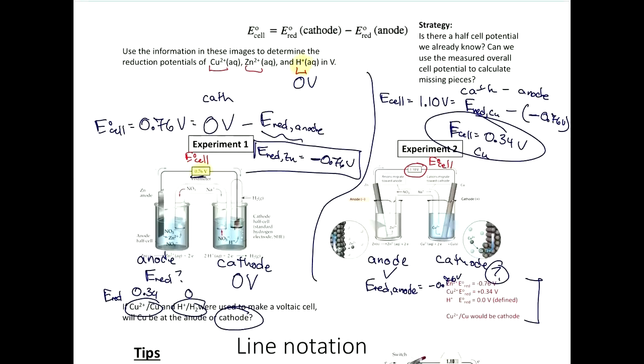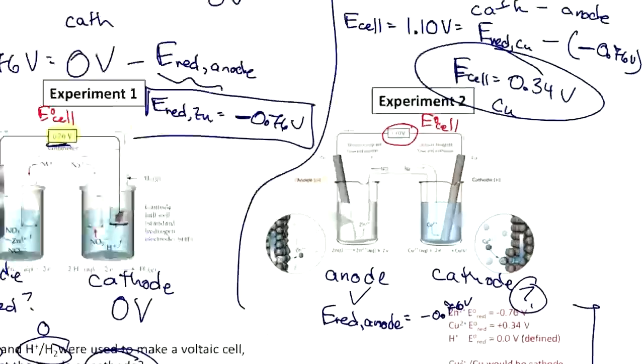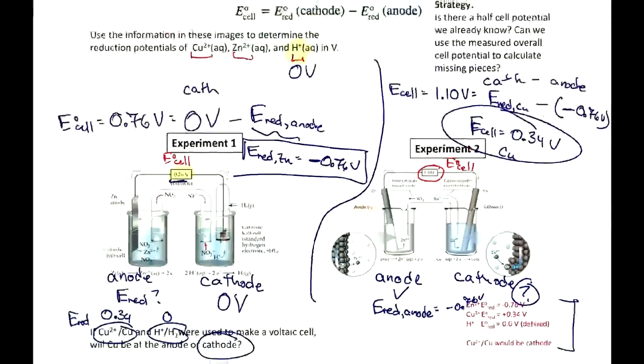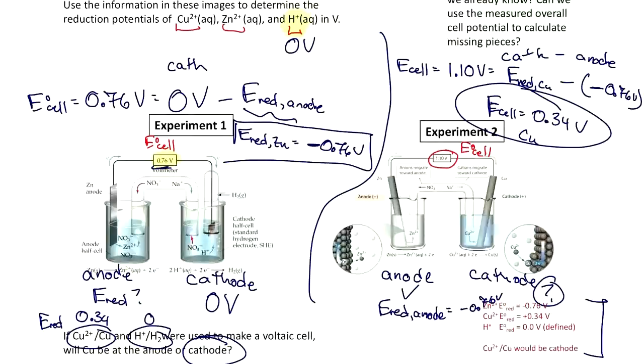Okay, I didn't know when to do this demo, so let's do this demo. In the second experiment, we combined a zinc half reaction and a copper half reaction. I have that voltaic cell up here, where you can clearly see I have a copper strip and a zinc strip. Both are swimming in an ionic solution of their cation.